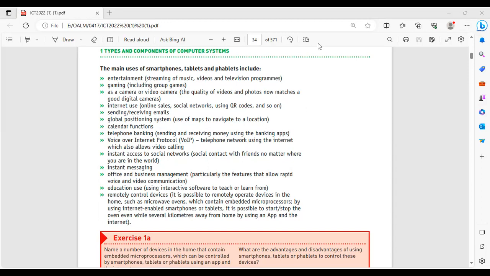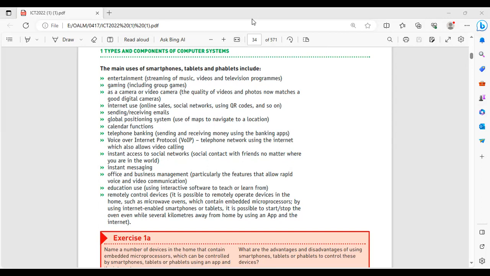It can also be used for internet use, which includes online sales, social networks, or using QR codes. We could also send or receive emails, and navigate to a location using maps in our smartphones or tablets.